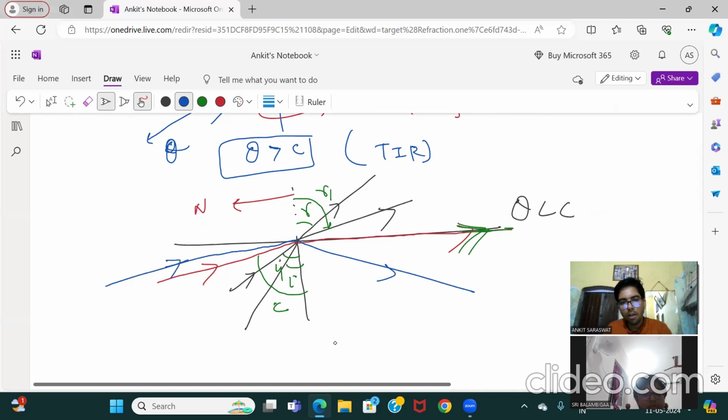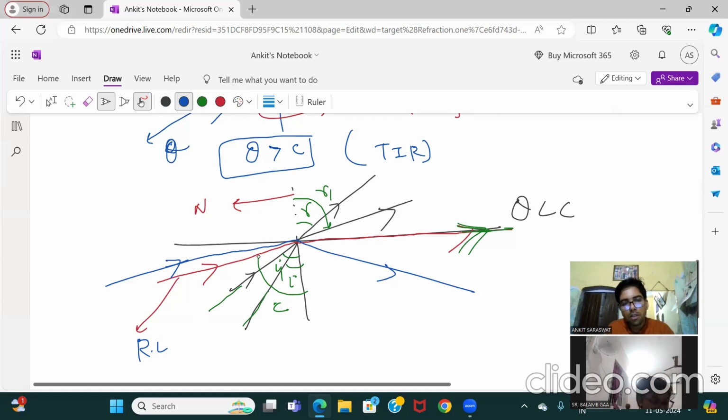Clear? Now, did you see, this is the reference line RL. Below C, these are the lines below C. You will see refraction takes place. See this diagram carefully.